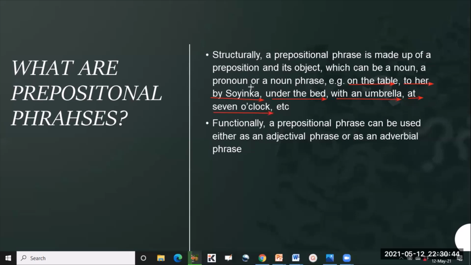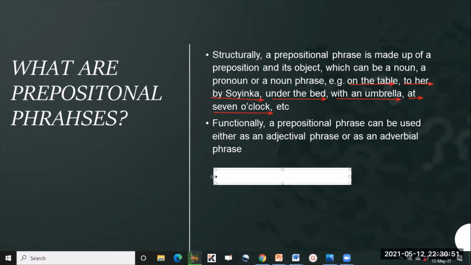If we look at the structures of these prepositional phrases, we discover that it is made up of a preposition and a noun. Then we also have a combination of a preposition and a pronoun. And finally, we have the combination of a preposition and a noun phrase.